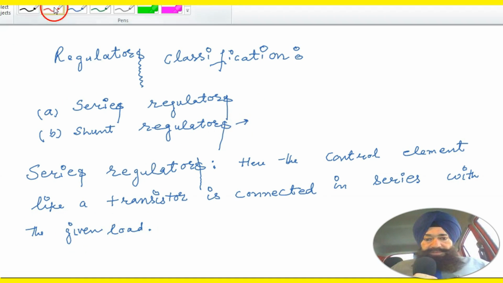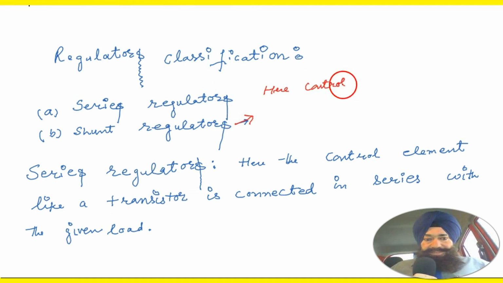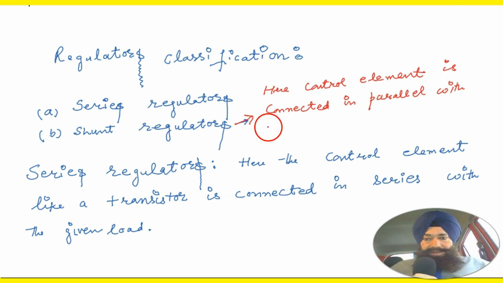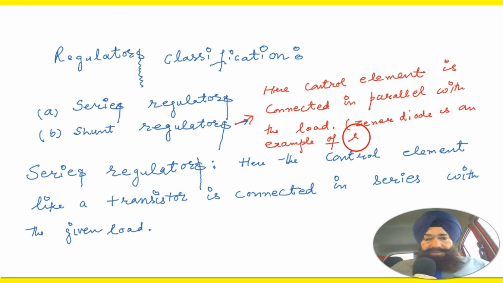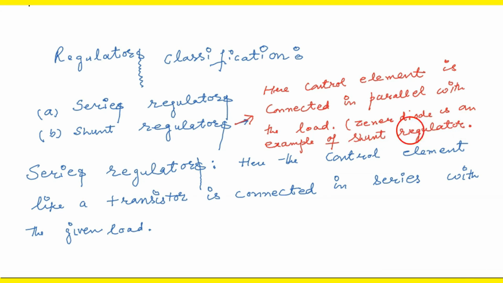If the control element is in series with the load, it is called a series regulator. And if the control element is connected in parallel with the load, then it is called a shunt regulator. Shunt means the control element is in parallel with the load. An example is the Zener diode, which is an example of the shunt regulator, because the Zener is always connected in parallel with the load. Okay.